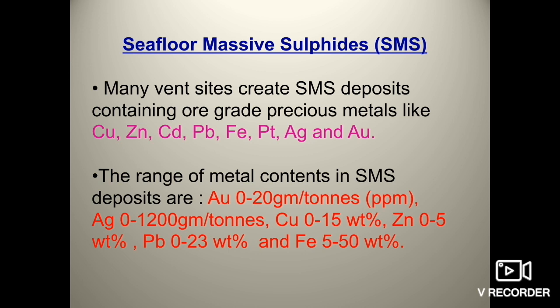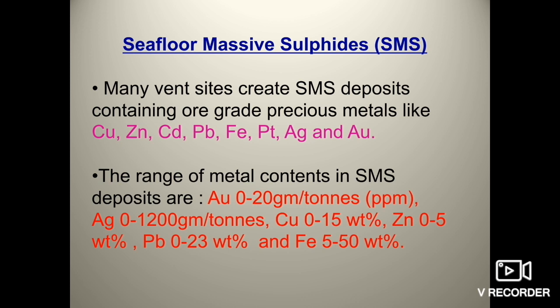The range of the metal contents in SMS type deposits, that is just a general idea. If we talk about Au or gold, that is 0 to 20 grams per ton or parts per million, ppm. Ag, silver, that is 0 to 1200 grams per ton. Copper is 0 to 15 weight percent.